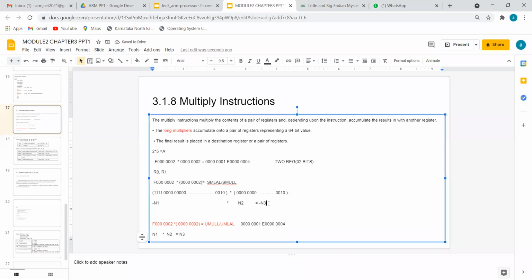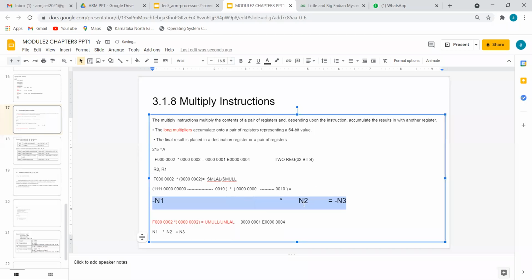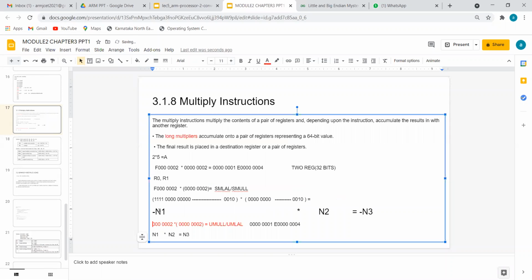An important observation is that the answer is also going to be of minus type. If this were done through unsigned, like those two sections, it would have neglected the minus of n1 and also the minus of n3. But here the intention is to consider polarity. Polarity means whether it is a minus number or a plus number. So we cannot neglect the minus, hence the answer is also going to be the minus part.